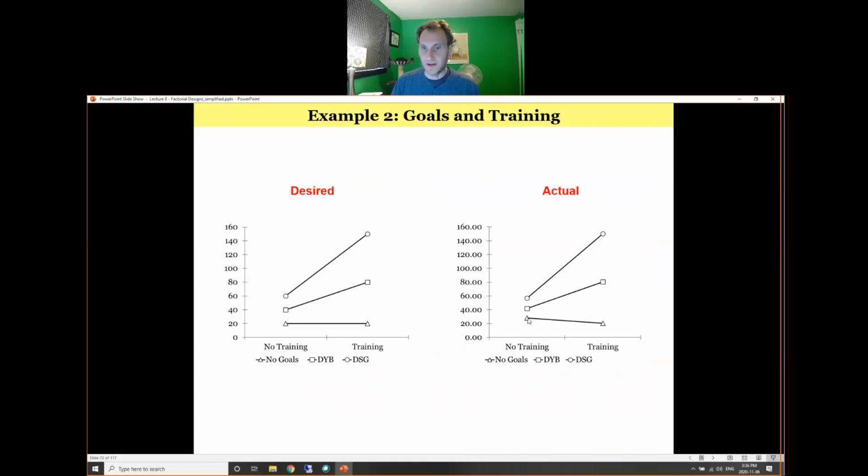We want to see the effect of training, from training to no training, but only at the no goal condition, because this is a simple effect. Remember, we just computed main effects. Does training on average have an effect? But what we care about now is at the no goal condition, just the triangle line, does training have an effect?